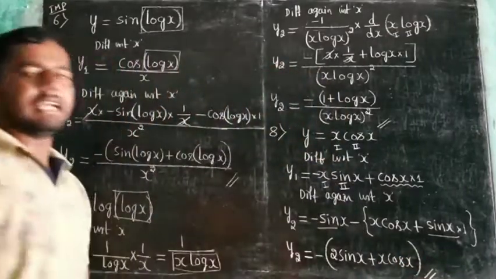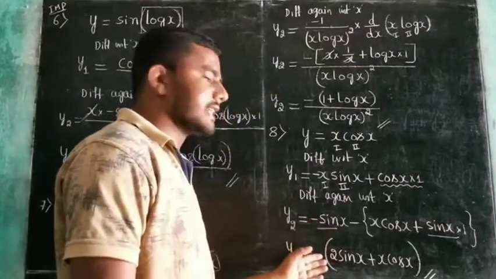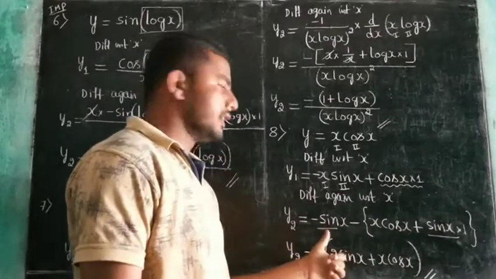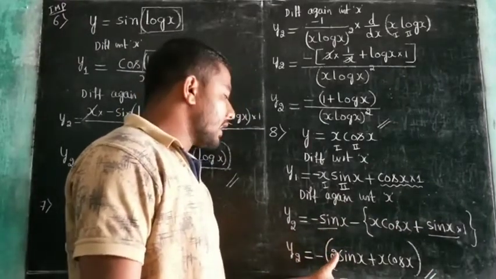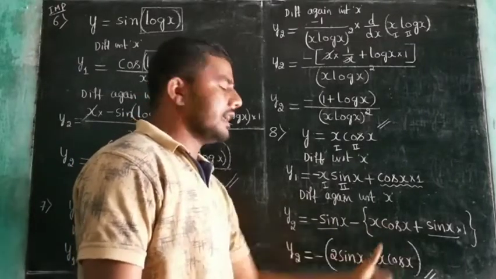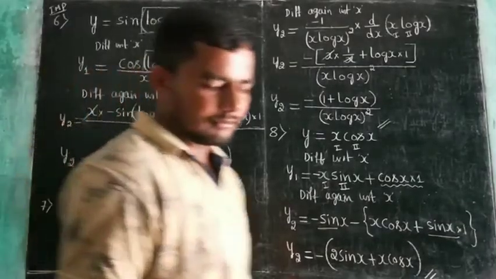This is the final result. If we take the minus as common, then it is minus of 2 sin x plus x cos x is the answer.